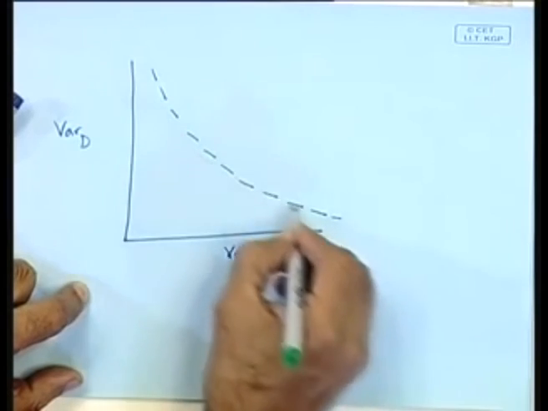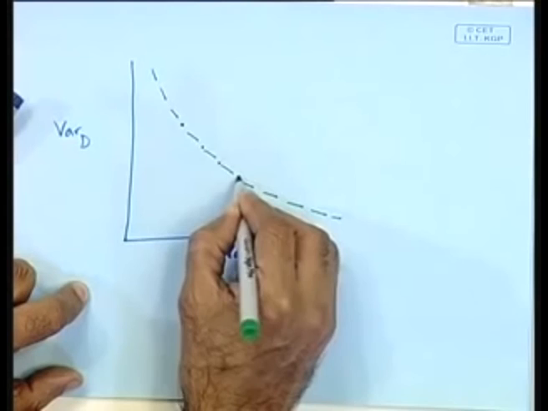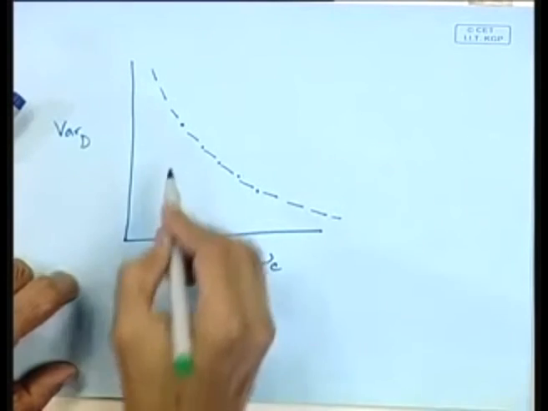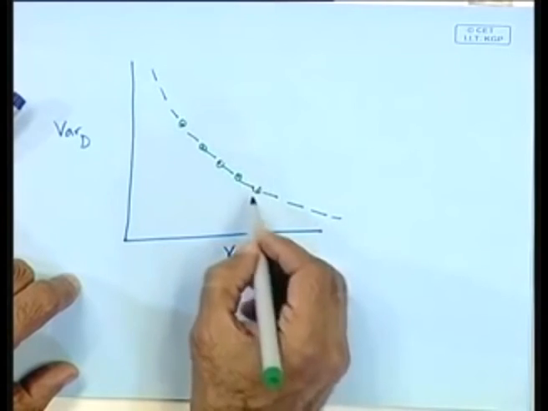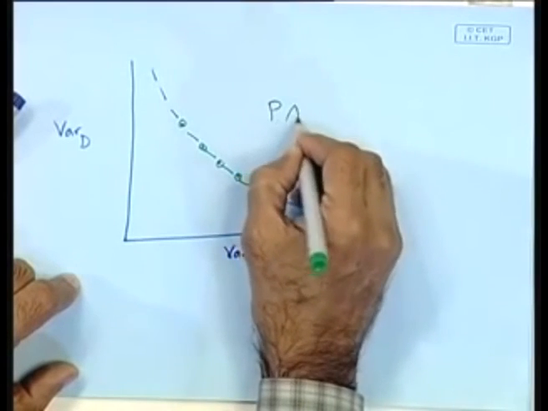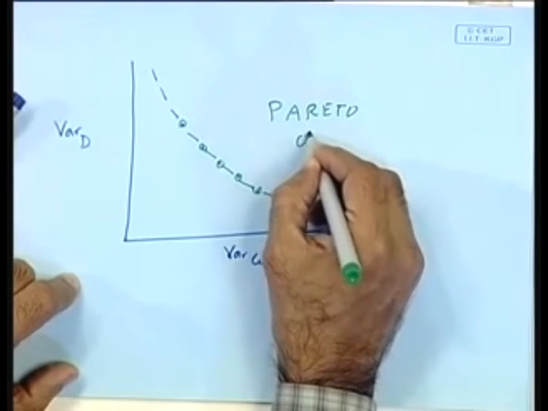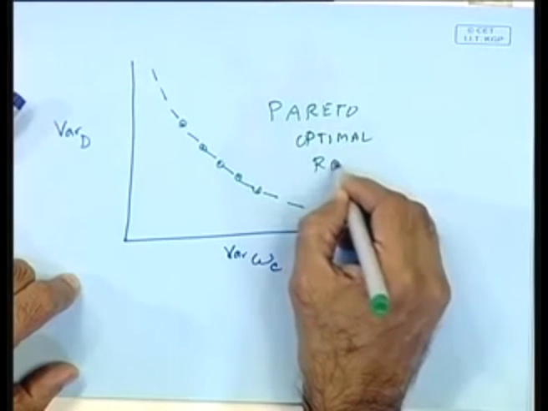Notice any of these points is a design. That means these are actual designs that you can create. You can fabricate these designs, and those designs are the ones that are Pareto optimal, P-A-R-E-T-O, optimal robust designs.